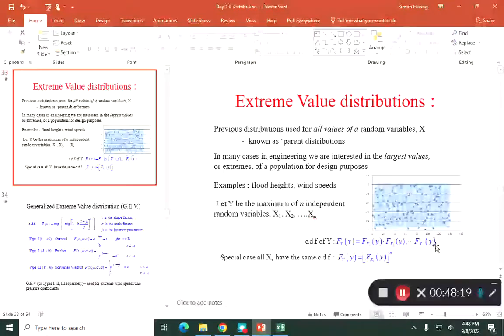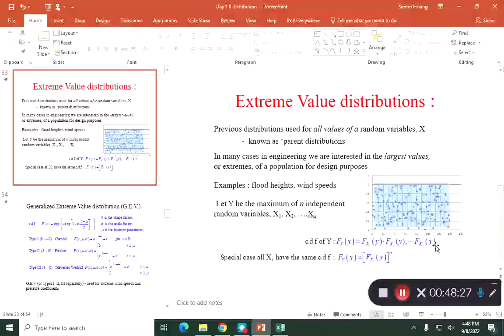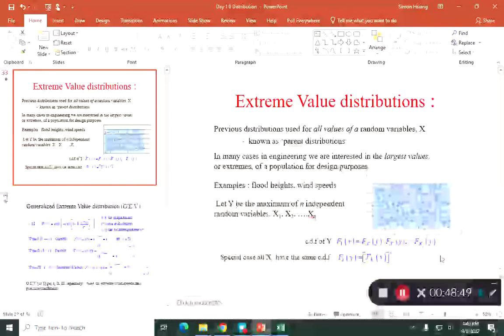Your state, you need to put in this much of money in order to follow the standard. And then, of course, you can turn around and say that, okay, I can build it this much, but in order to follow the standard, the federal need to chip in how much money. So building that largest event known for parent distribution or like flood high or wind speed, really at the end is there are two sides of people argue based on a distribution.